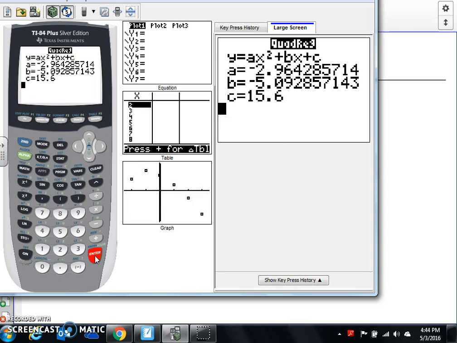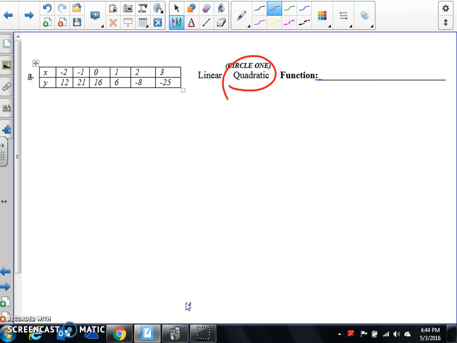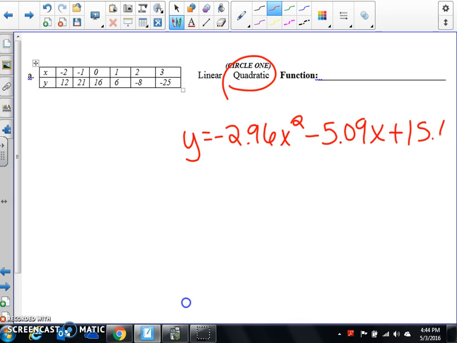And then I round all these numbers to the nearest hundredth, which is 2 decimal places, which gives me y equals negative 2.96x squared minus 5.09x plus 15.6. Decimals are okay because you can't turn those into fractions.